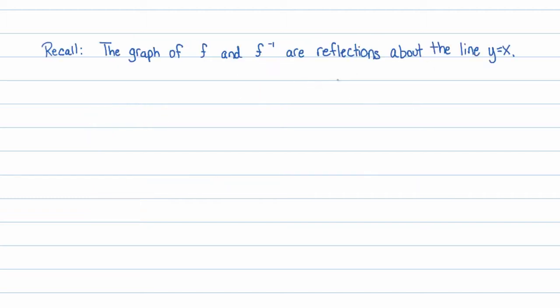Now let's recall a fact from the inverse lecture that I gave not too long ago. The graph of a function and its inverse are just reflections about the line y equals x.